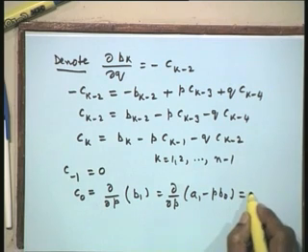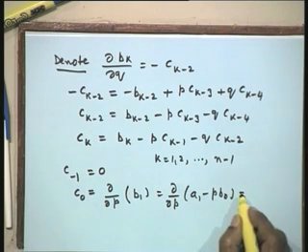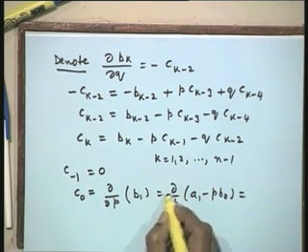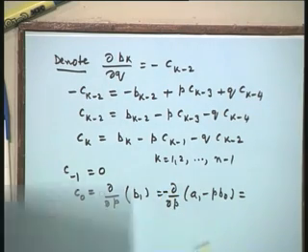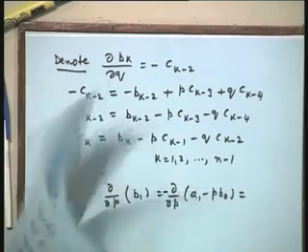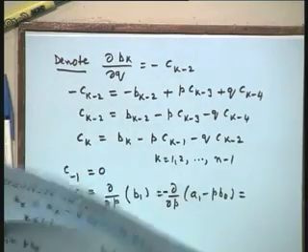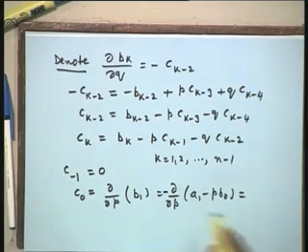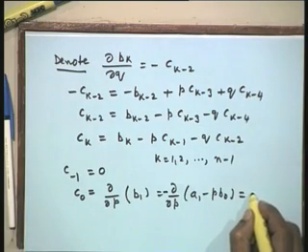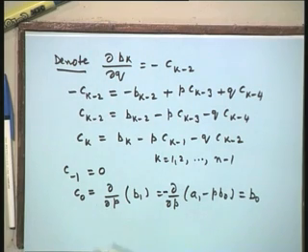Oh sorry, I should put a minus sign here. We are writing this with a negative sign, so there is a negative sign there, therefore this simply comes out to be B0. Therefore C0 is also equal to B0.